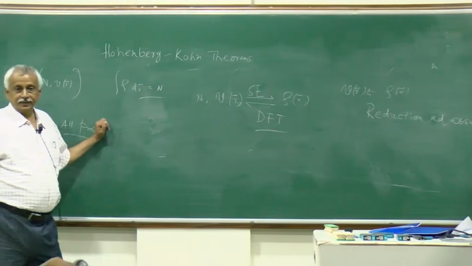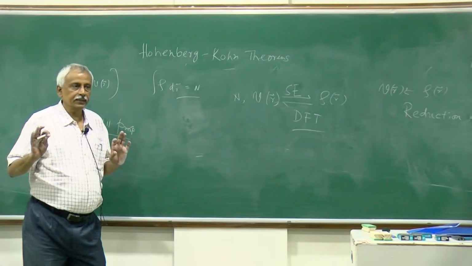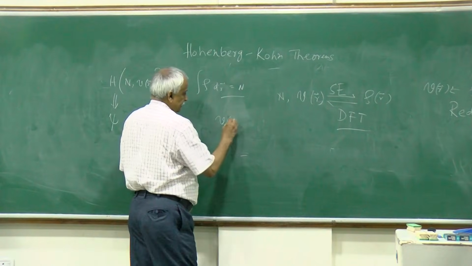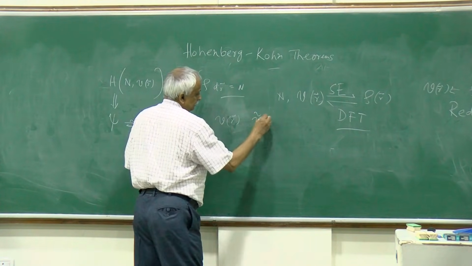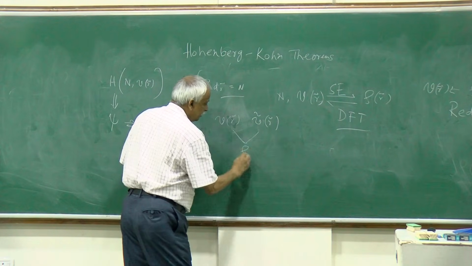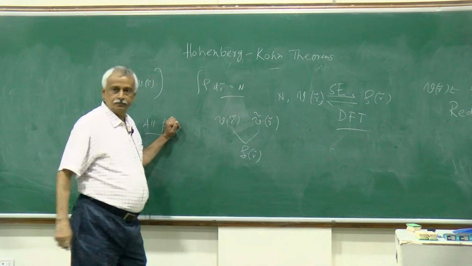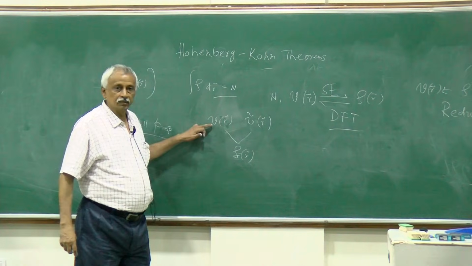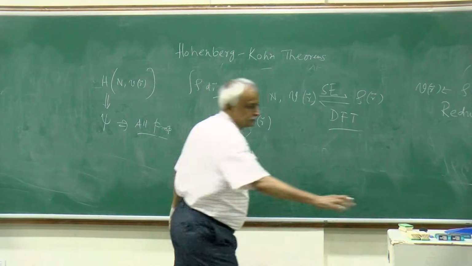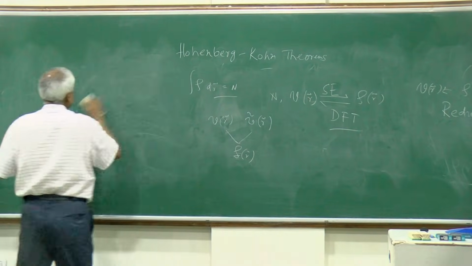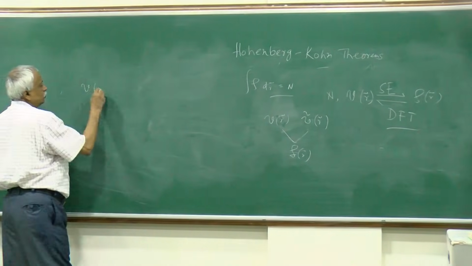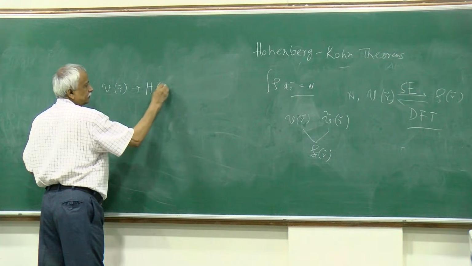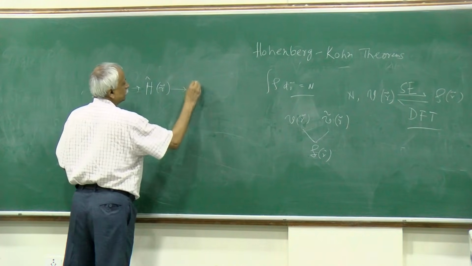So they considered that, let's say, there are two different external potentials, V(r) and V tilde (r), and both of them will give you the same density. Now, for V(r), let's say it corresponds to Hamiltonian H, and that corresponds to psi.